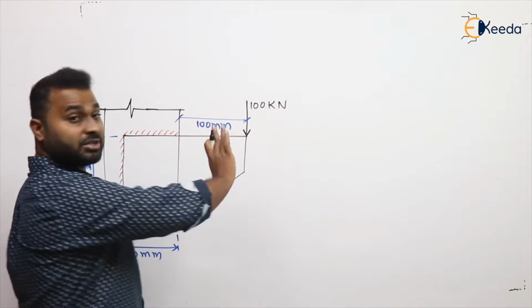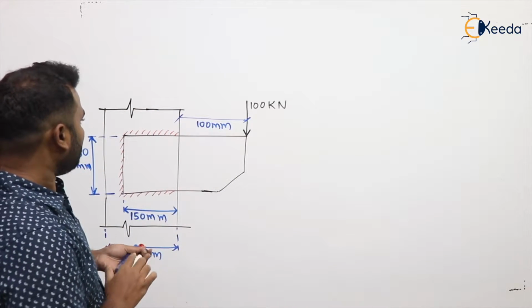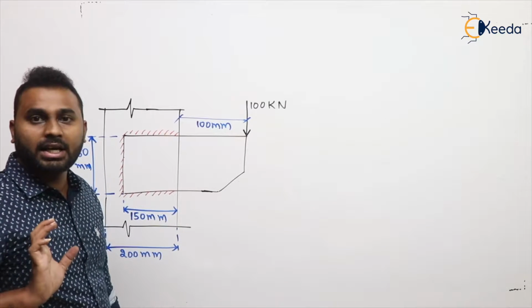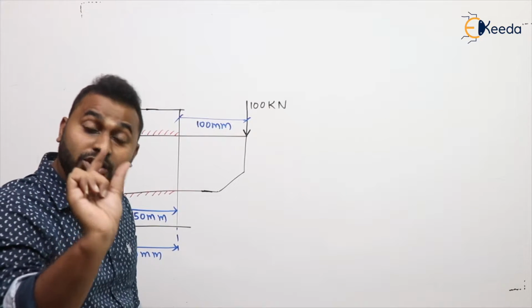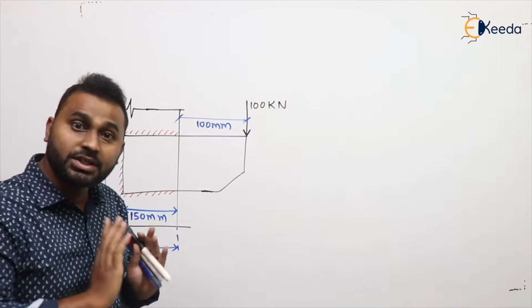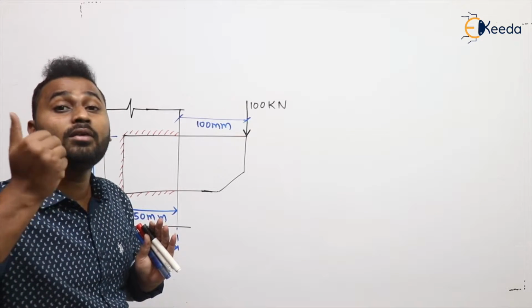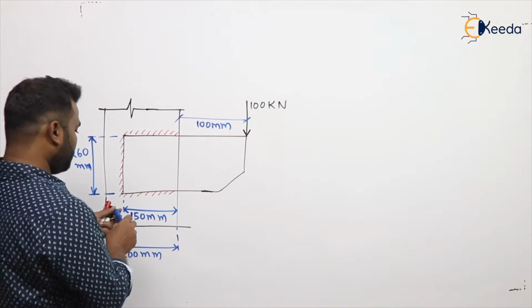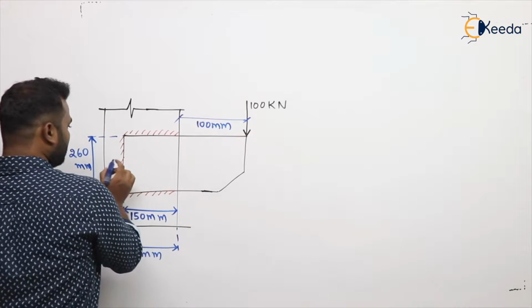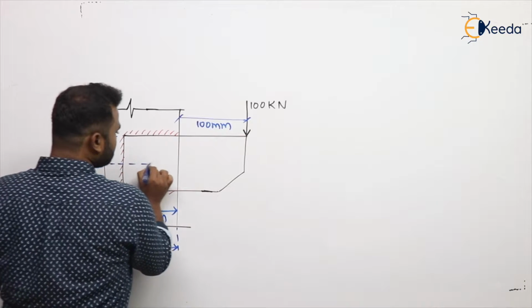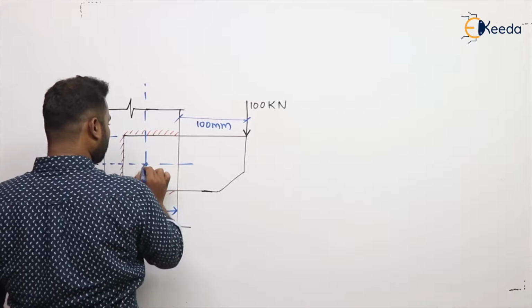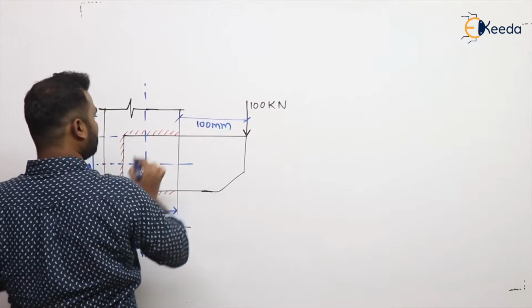This is the diagram. Diagram is very much required. Now if you observe here, we don't know the eccentricity of the loading. Basically eccentricity is measured from the CG of the weld group. If you know the CG of this weld group, then only we can know the eccentricity. Hence eccentricity is unknown here. So let us consider the axis here where CG of this weld group lies.